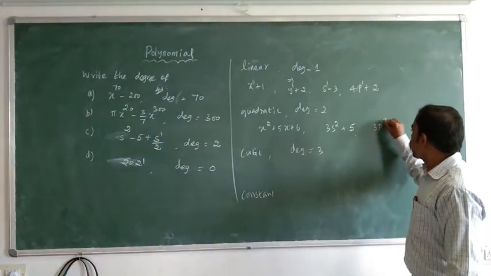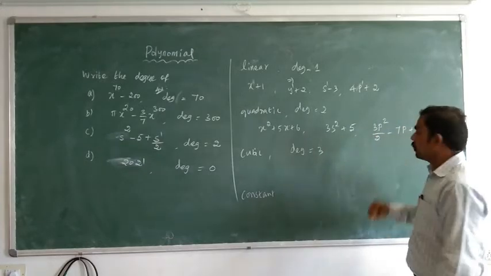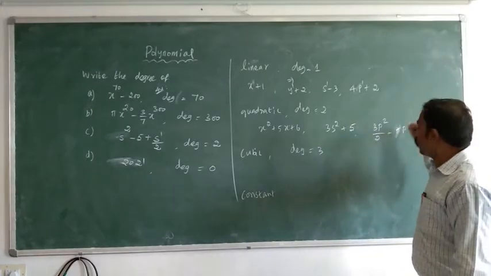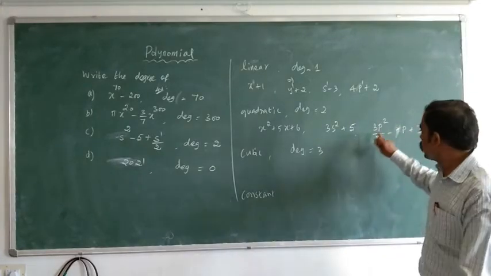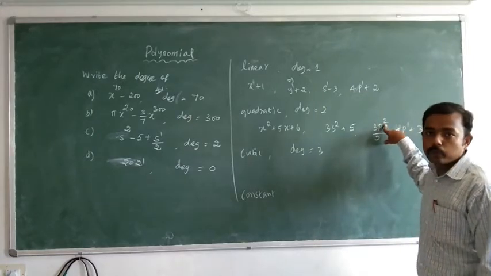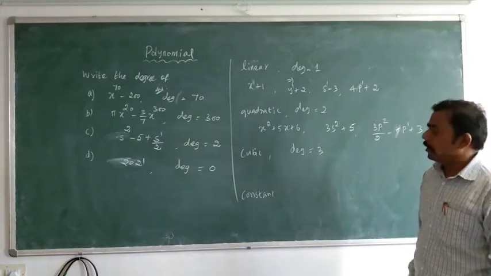Similarly, 3p squared by 2 minus 7p plus 3. Don't worry about this 3 by 2 and all, don't worry about the coefficients. So just check the power term. p squared, p power 1. So here 2. So we can write the degree 2. So automatically it's a quadratic polynomial.